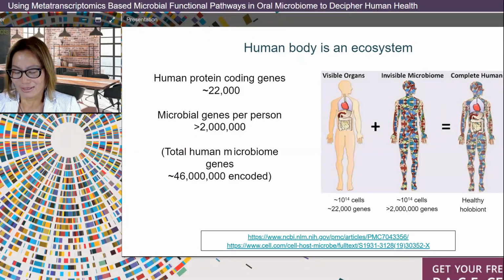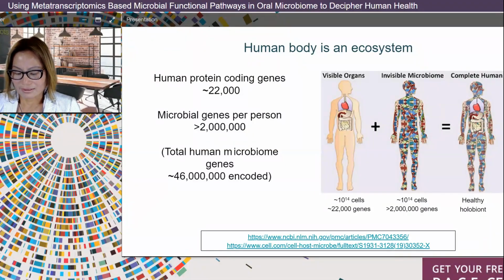So, altogether, we have as many human cells as microbial genes and cells. Together, the visible part and the invisible microbiome complete the human body and its health status.